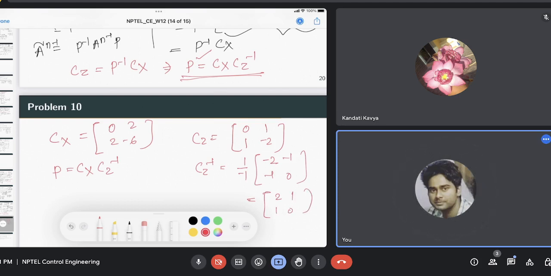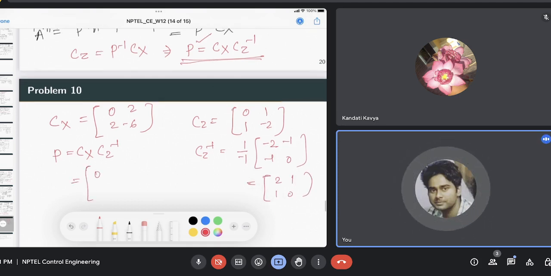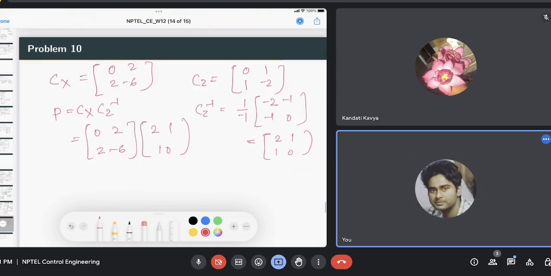So you see this is 0, 2, 2, minus 6 multiplied with 2, 1, 1, 0. So you have 2, 0, minus 2, 2. This P matrix will transform from the X to Z domain.